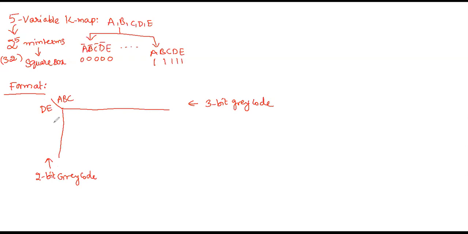If you write the 2-bit gray code, it is 00, 01, 11, 10. For the 3-bit gray code, keep one mirror and fill the upper digits with 0 and the lower digits with 1. So write down that one here, 000.